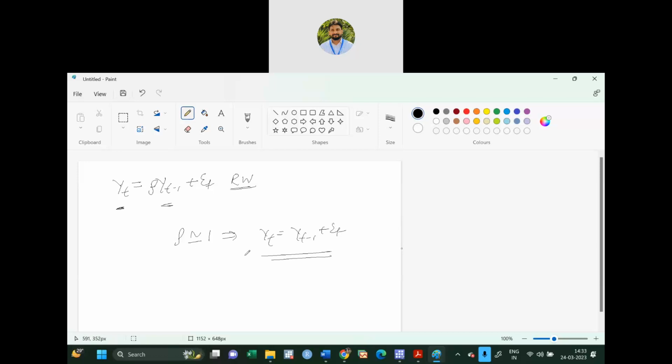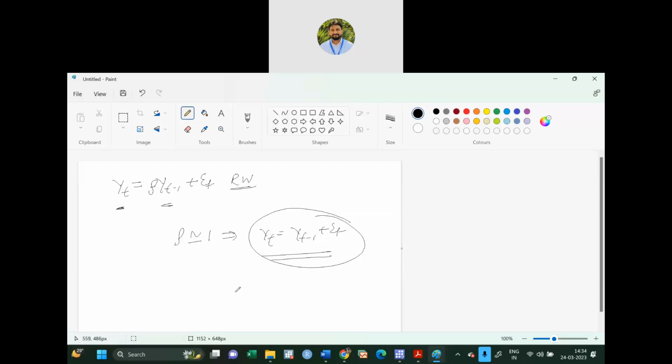So what we want is that when this series is non-stationary, then we model that in a vector autoregression model and cointegration model. OLS doesn't work. Whenever you're modeling, let's say, OLS can be used only if the series is stationary.